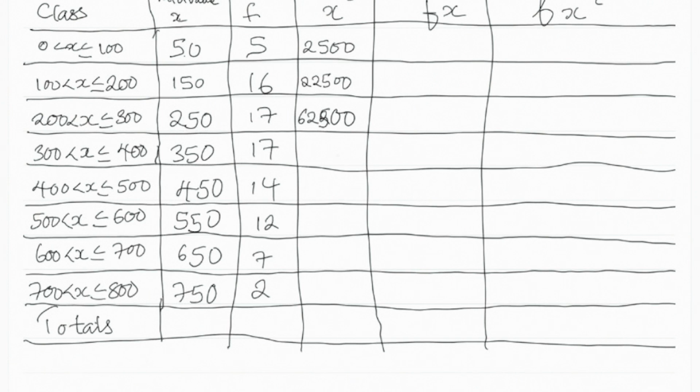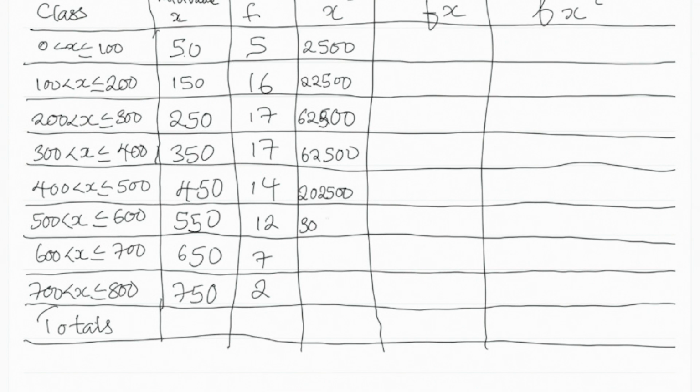So 17, again, you have 62,500. Then 14, you have 25,000. Here you have to use your calculator. Then we have 30,25,000.